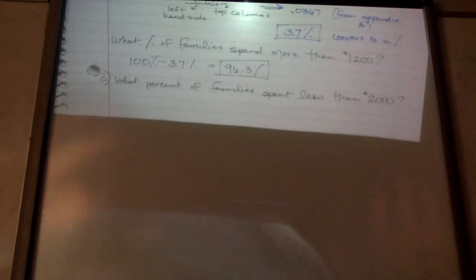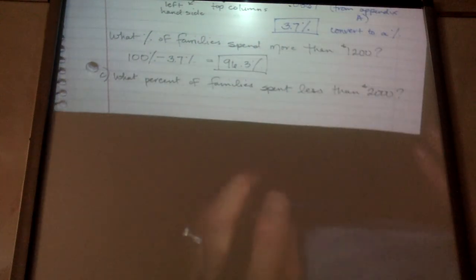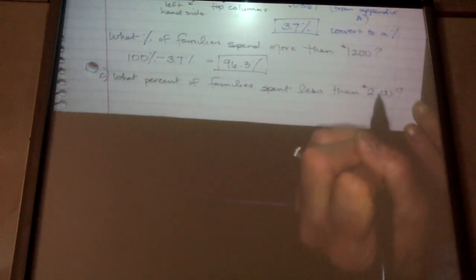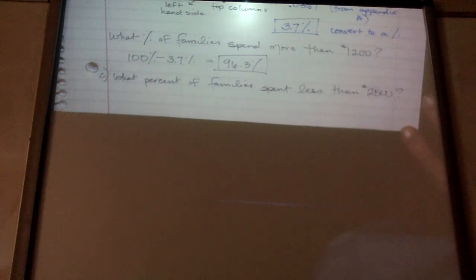Okay? We could go higher, let's go higher. Who spent less than $2,500? Let's just use a new value. So what percent of families spent less than $2,500 on their summer vacation?